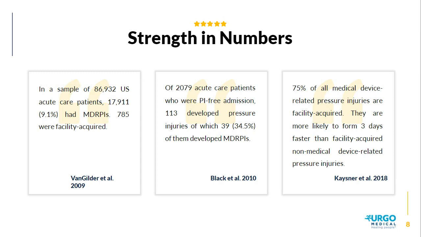Kaesner and her colleagues in 2018 found that 75% of all medical device-related pressure injuries are facility-acquired, and that they are more likely to form 3 days later than non-device-related pressure injuries. This means that medical devices should be one of those areas of focus on our priority list when it comes to pressure injury prevention.